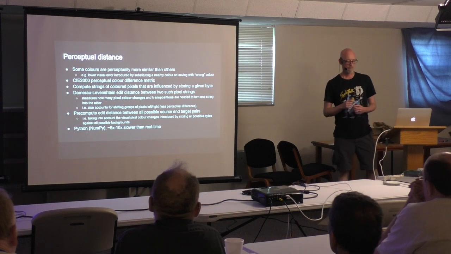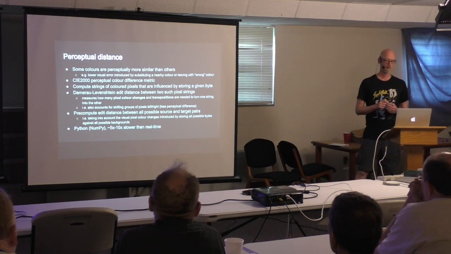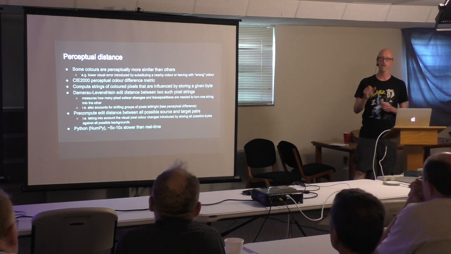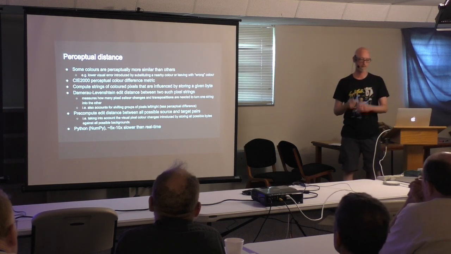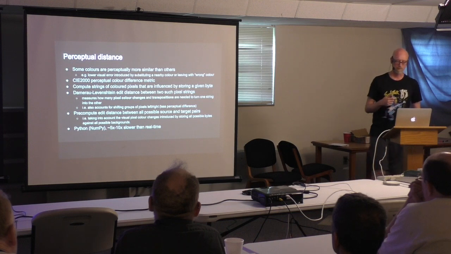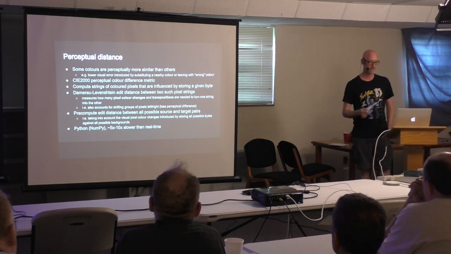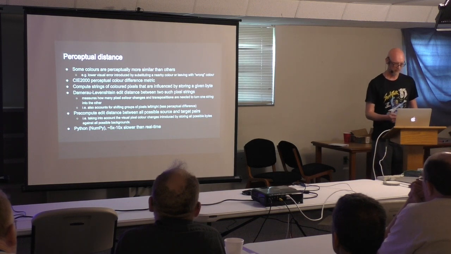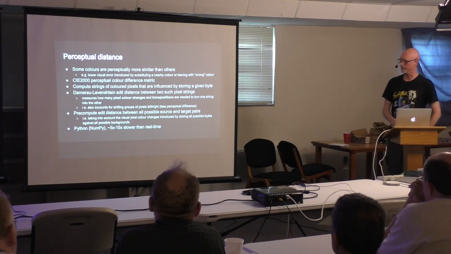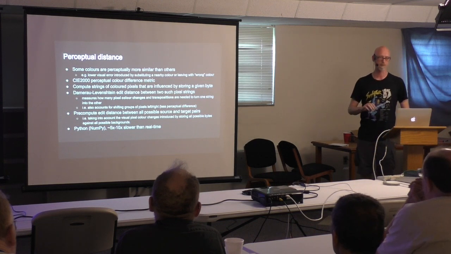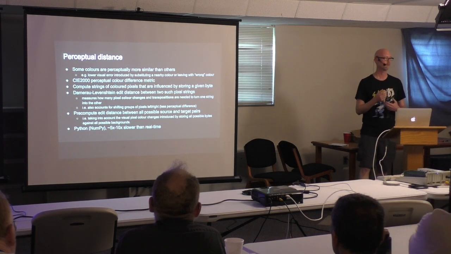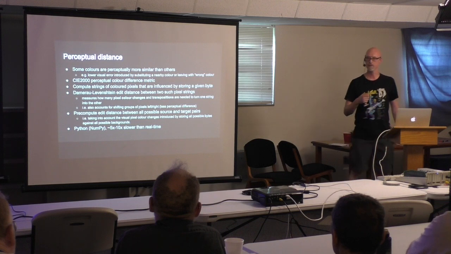When I can't send exactly the right byte but can send one that's close, how close is close? This is important to understand when I should make a substitution. So I'm using this thing called the CIE 2000 perceptual color difference metric. I read about it on Wikipedia. There are lots of attempts to model the visual system, how the eye perceives color.